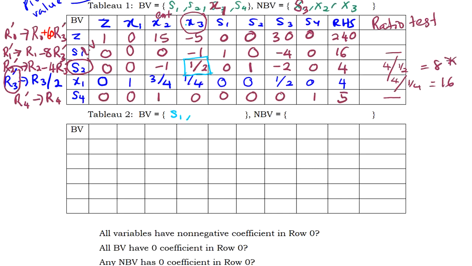So here X2 will become a new BV, sorry, X3, and then X1, S4. So NBV other than these 4: X2, S2, and S3.